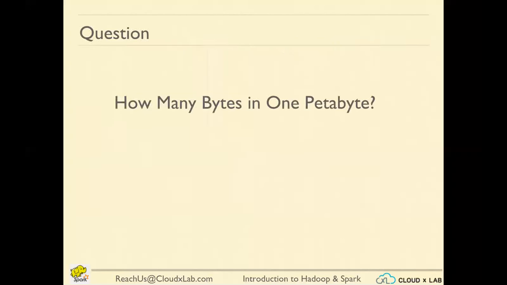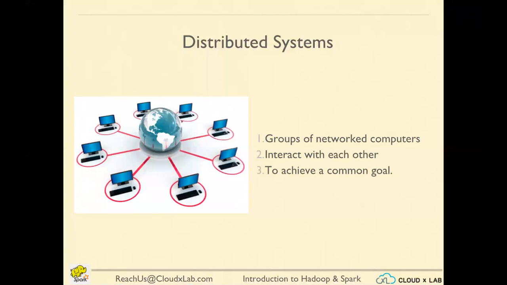So that is what is called a distributed system. A system is not only connected in the network, but is also achieving a common goal. So a cyber cafe is not necessarily a distributed system.